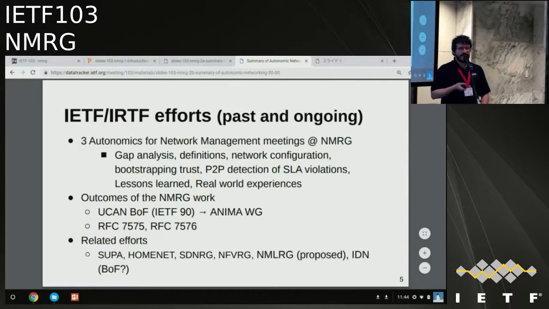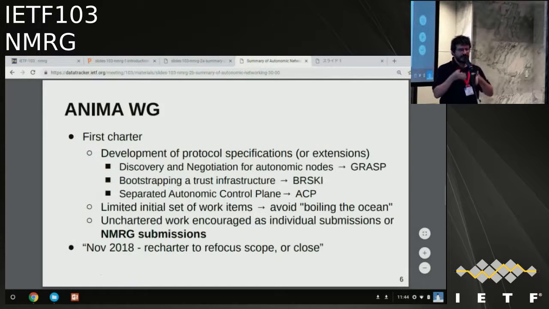In the case of the ANIMA working group, the first charter of the group is really precise on the milestones and the topics that should be addressed by the working group. For example, there is the development of protocol specifications for the discovery and negotiation of autonomic nodes, and the protocol developed for that is GRASP.